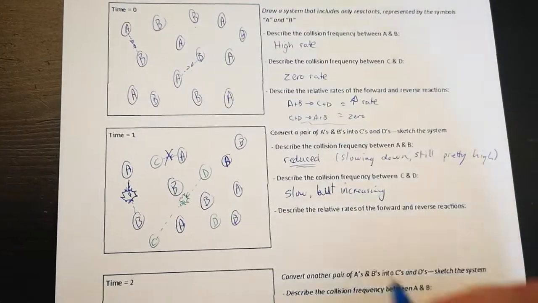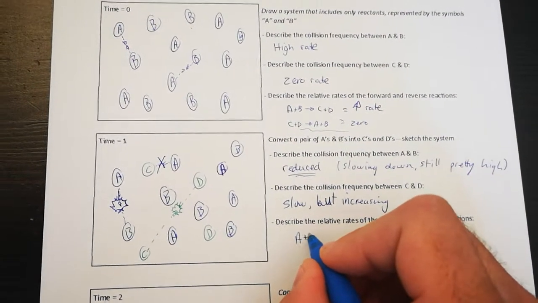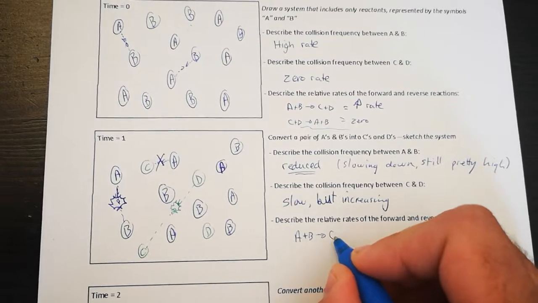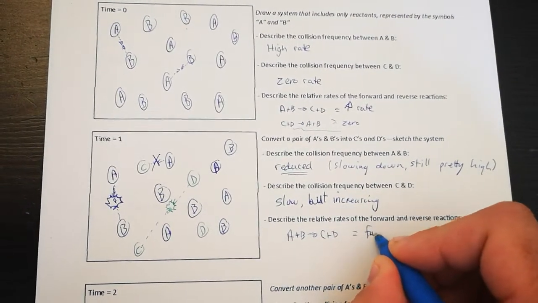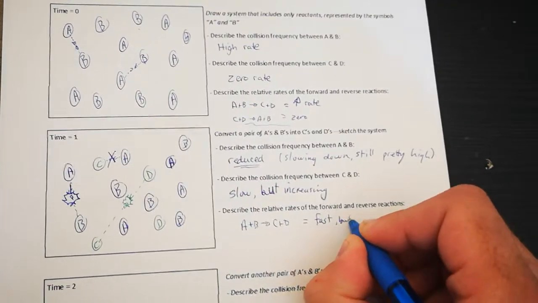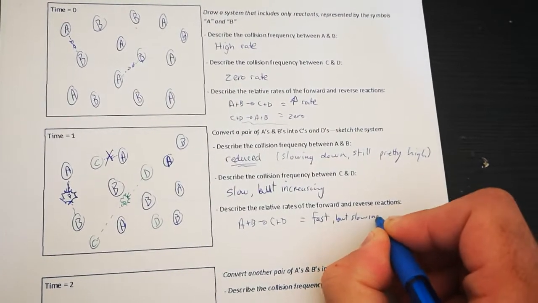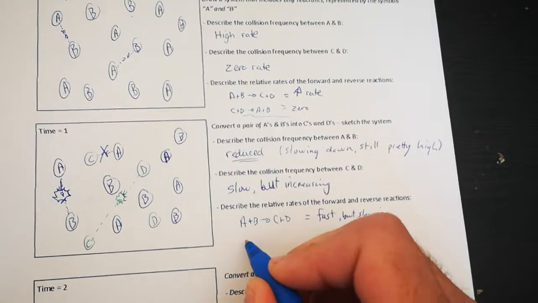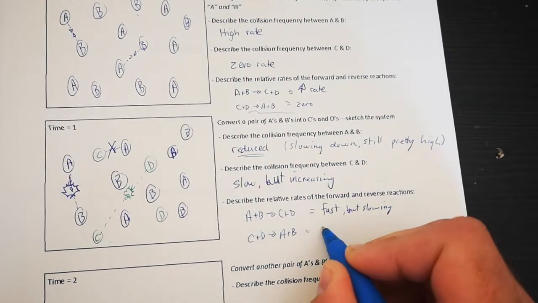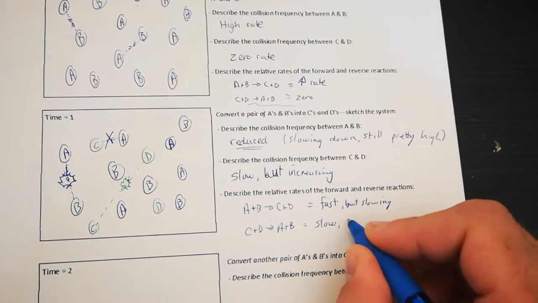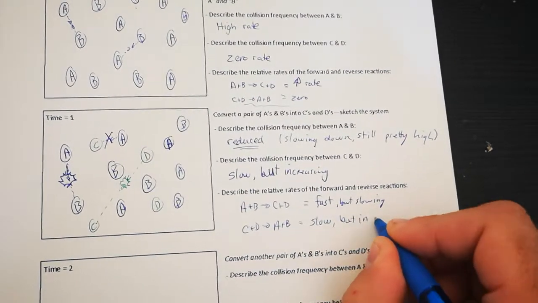So here's our relative rates. Our A plus B rate is fast, but slowing. Our C plus D forming A plus B is slow, but it's increasing.